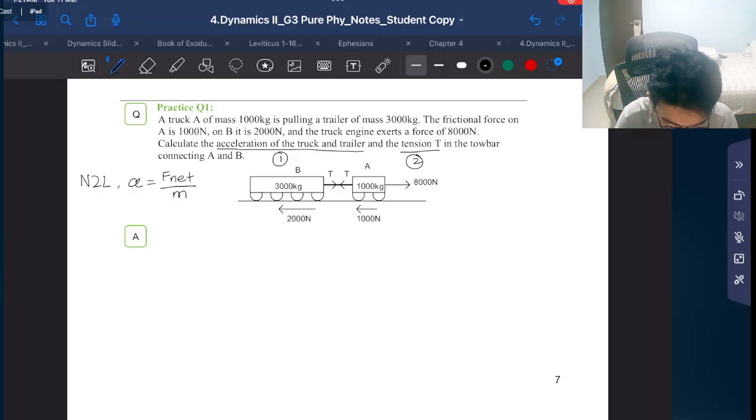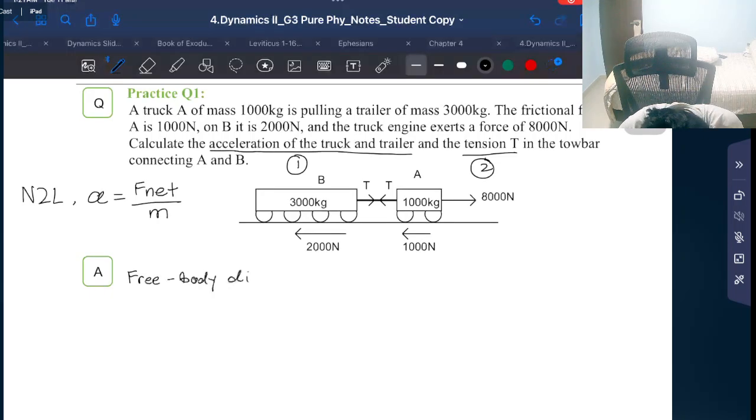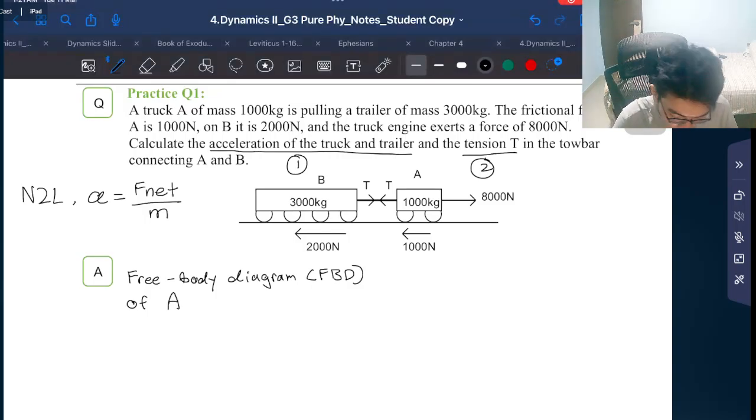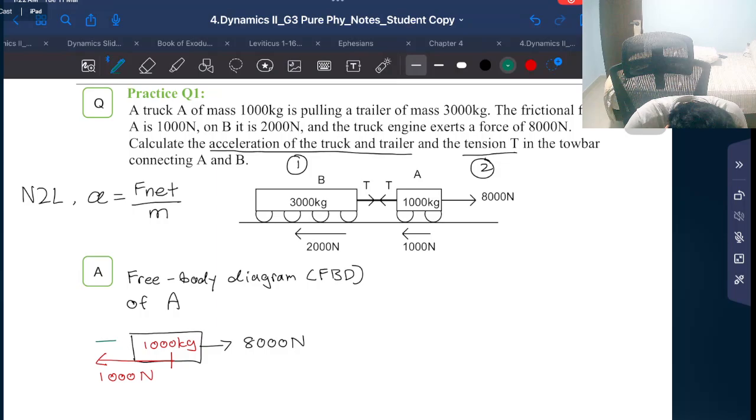The short form for free body diagram is FBD. For object A, I first have the 8000 newtons, and then I have friction of 1000 newtons, mass 1000 kg, and then I have my tension that I do not know.